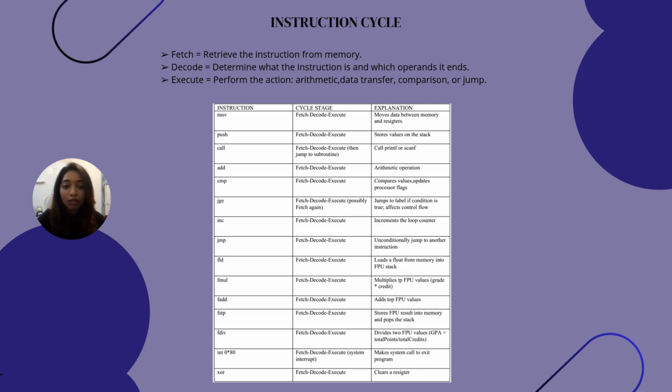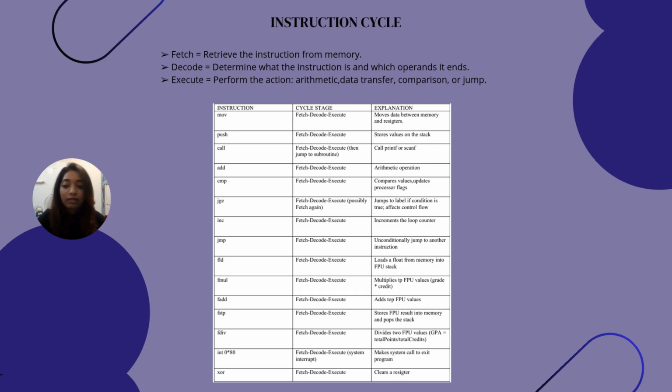FLD loads a float from memory into the FPU stack, and FMUL multiplies the top FPU values. It's like grade times credit. FADD uses the fetch, decode, execute cycle to add the top FPU values. Next is FSTP. It uses fetch, decode, execute as well to store the FPU result into memory and pop the stack.